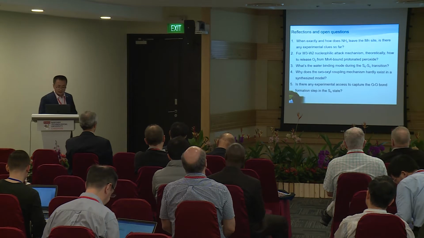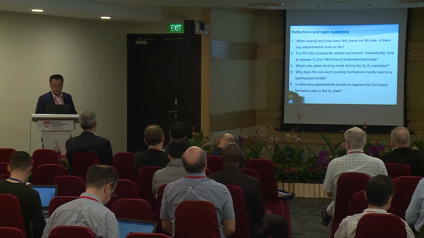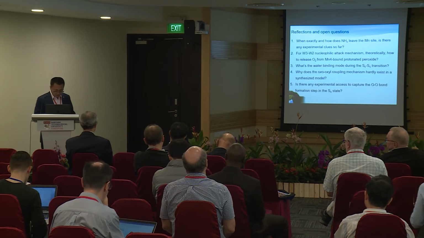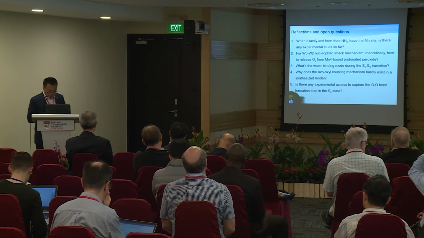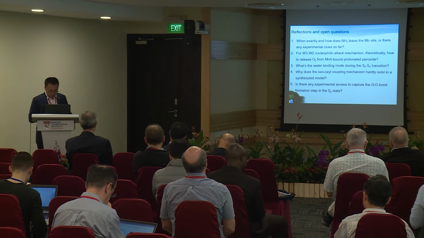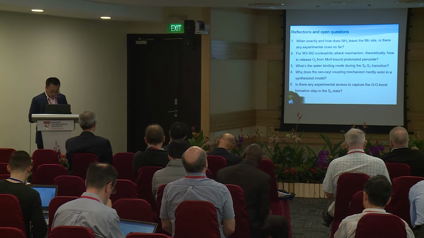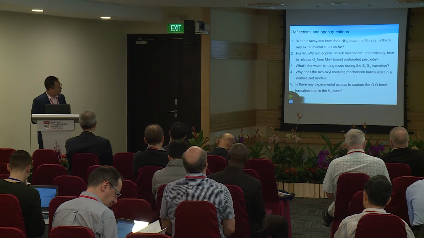The fourth, why does the oxo-axial coupling mechanism hardly exist in a synthesized model? This question also relates to the rarity of the 4-valence manganese bond oxyl radical in artificial chemistry, and up to according to my knowledge, 5-valence manganese bond oxyl absolutely dominates.